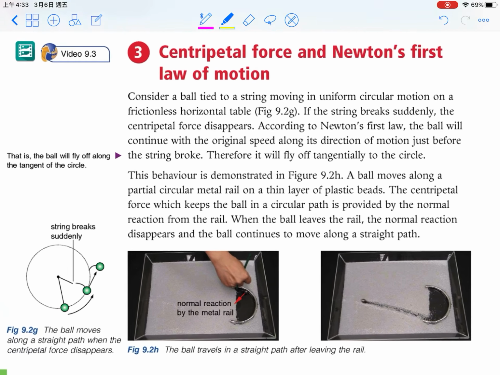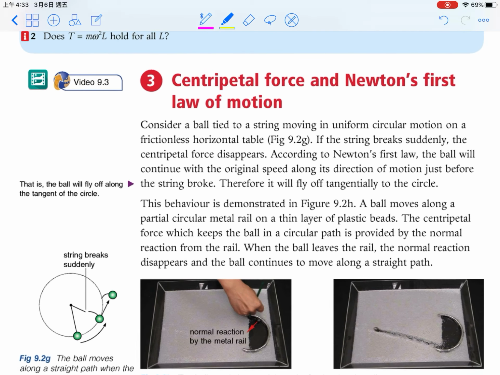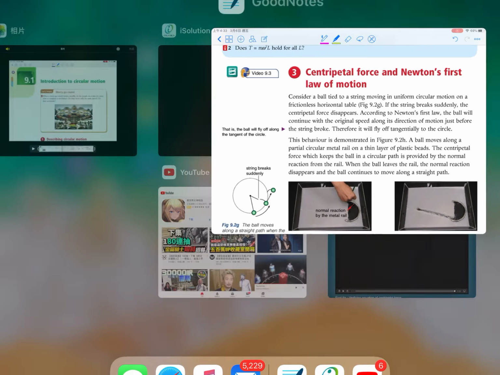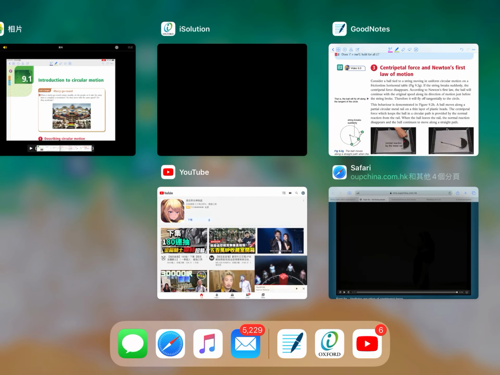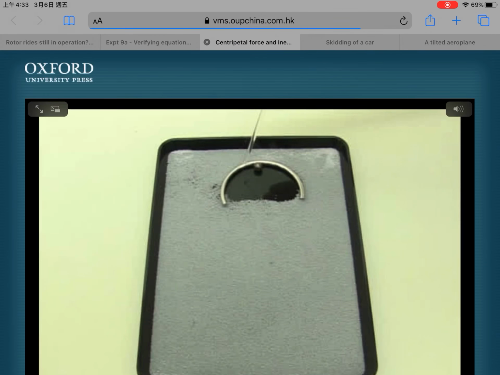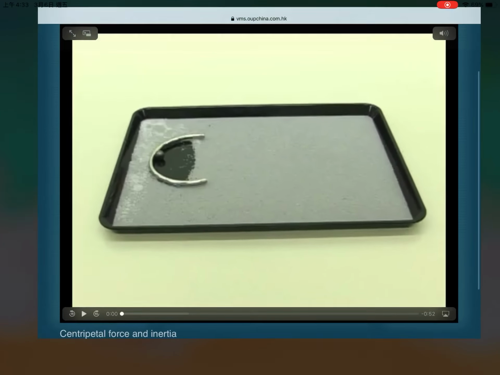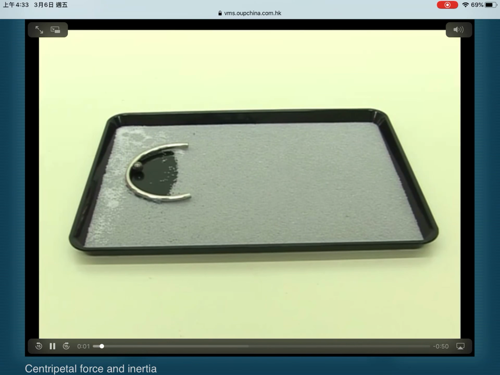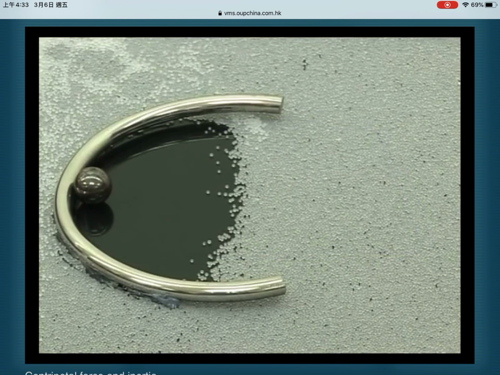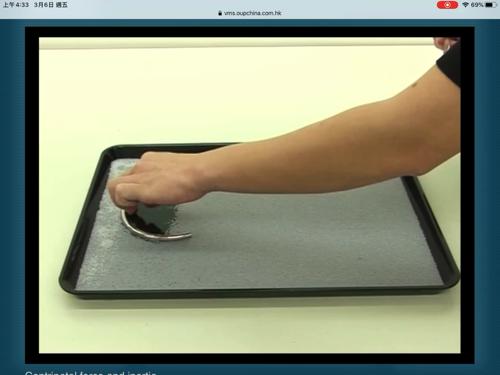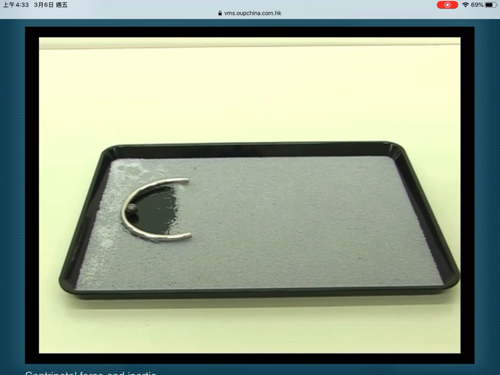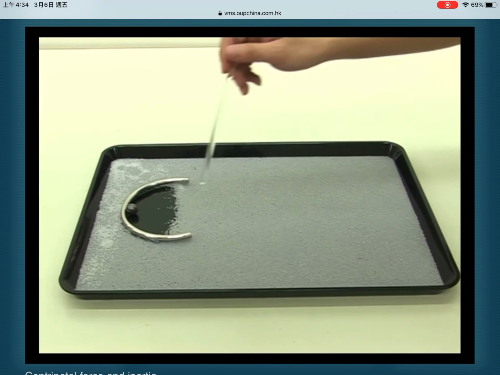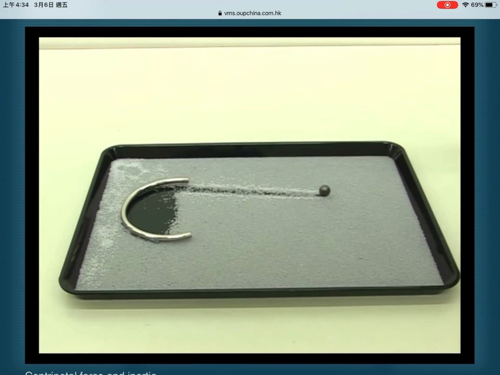Now, let's look at a fun experiment: centripetal force and Newton's first law. There is a thin layer of small beads and a circular rail in a tray. Place a ball against the rail. Strike the ball to make it move along a circular path.